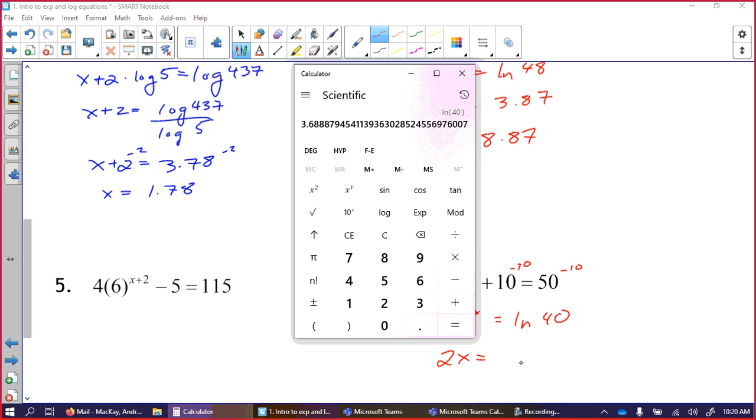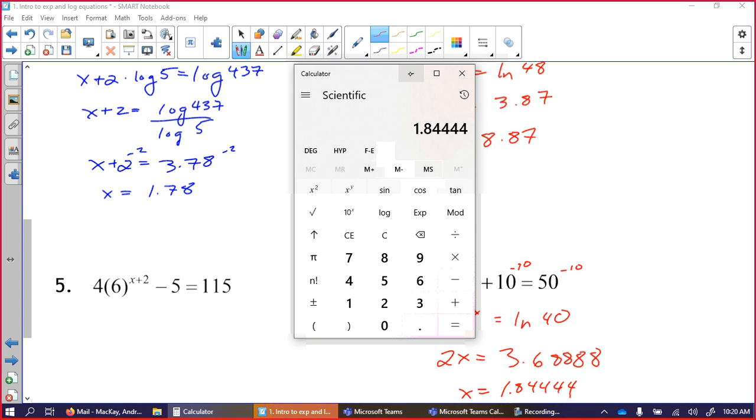The ln of 40 is 3.6888, just because it's fun. 3.6888 divided by 2. That's kind of nifty.